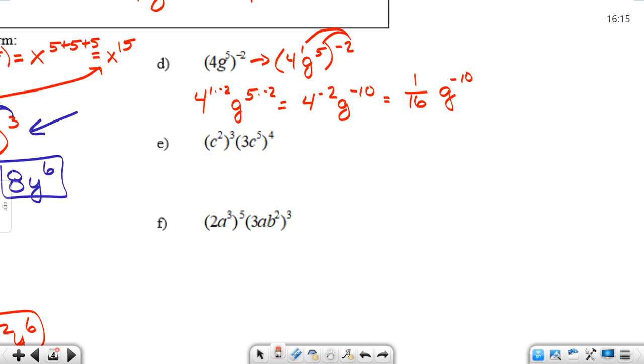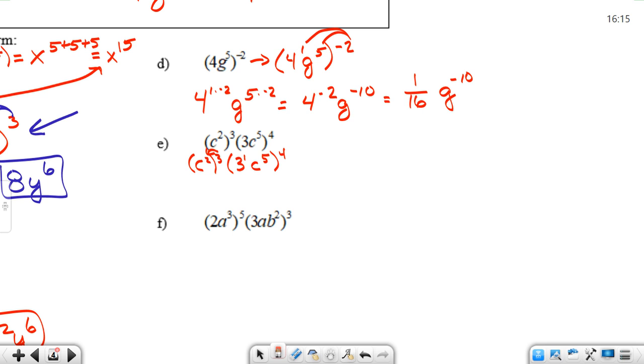All right, so looking at E, looks like we actually have two different monomials being raised to a power. We have c squared cubed times 3c to the 5th to the 4th. So all I'm going to do, guys, is I'm going to rewrite this second one so that my 3 has an exponent.